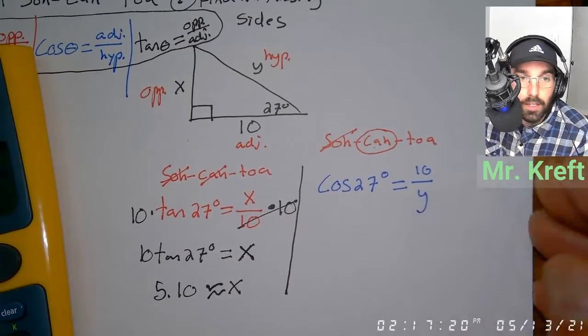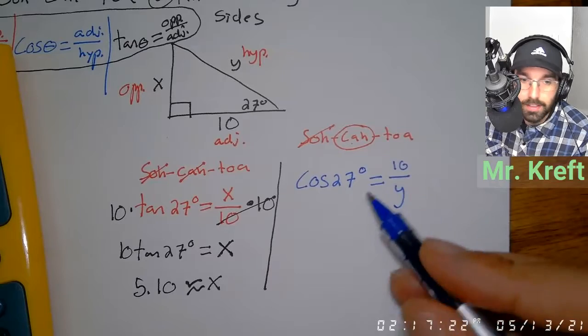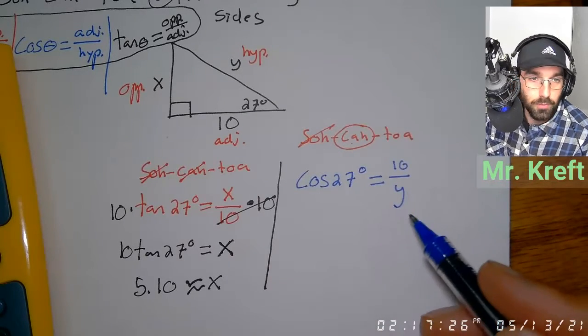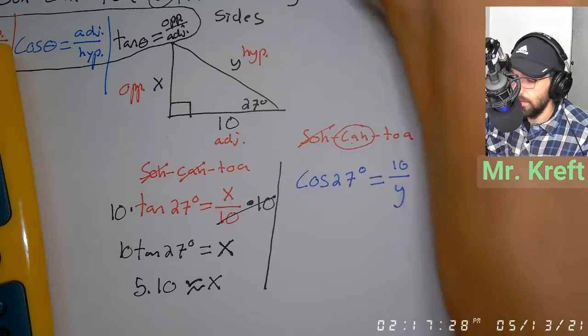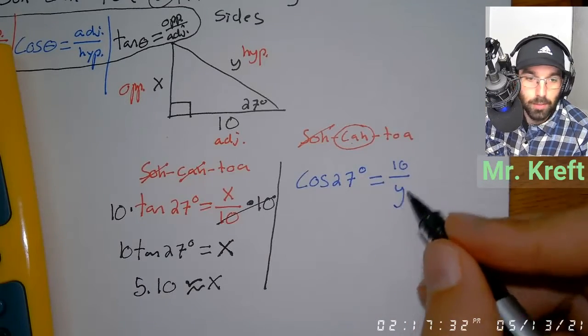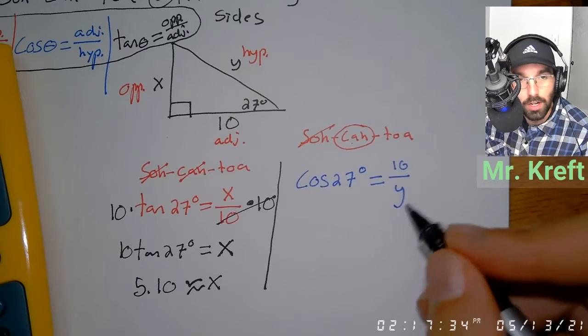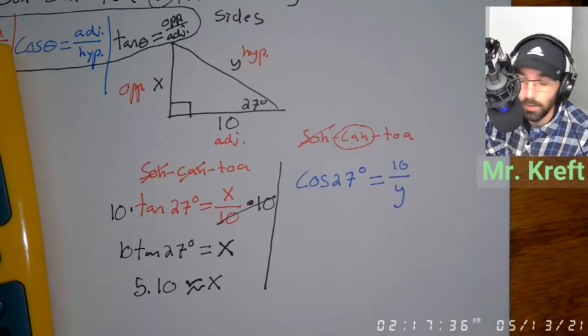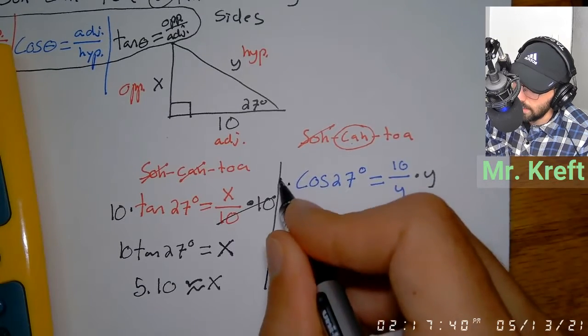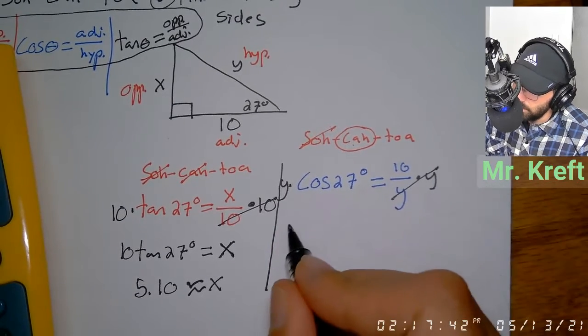Once you get this down, the trigonometry is over. Now it's solving, so I'm going to use my algebra skills. I have 10 divided by y, but when I solve for something, I never want it on the bottom. I want it on the top, and I want it by itself. So I'm going to do the opposite of divide: multiply.